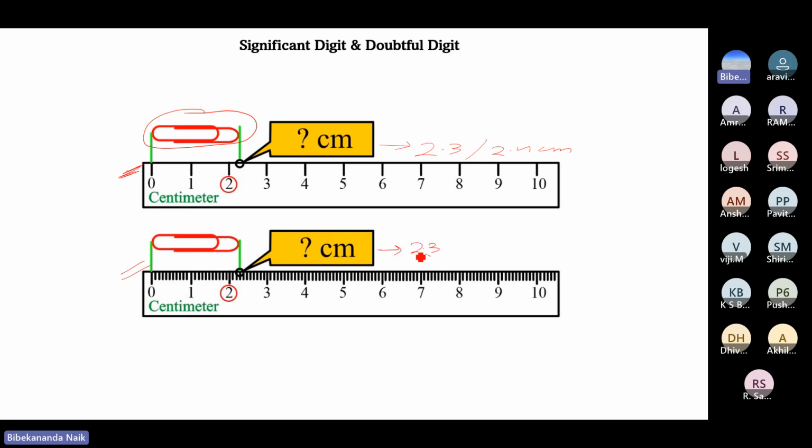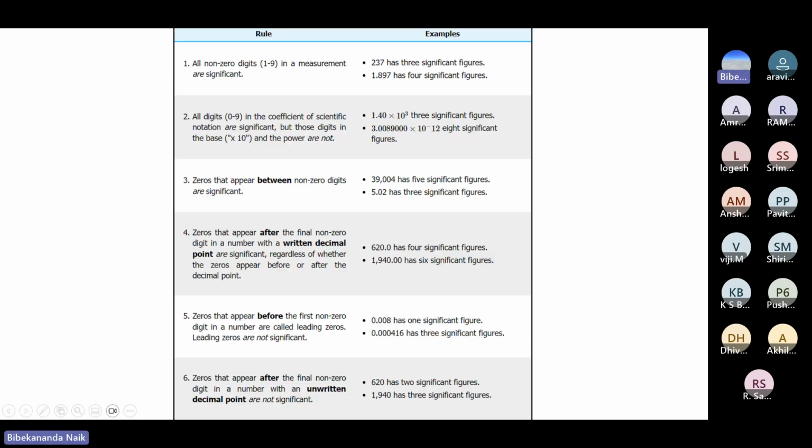But if the measurement lies between 3 and 4, then it will be 2.33 or 2.34. Here the 4 is the doubtful digit, and all three are significant digits. There are different rules for significant figures and doubtful digits. For example, rule 1; we will be solving a few examples regarding these rules.